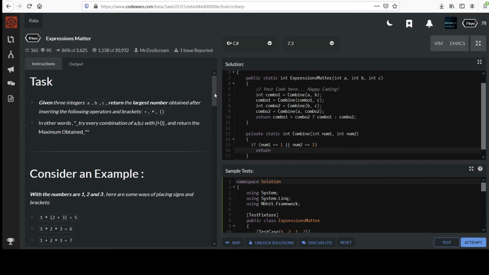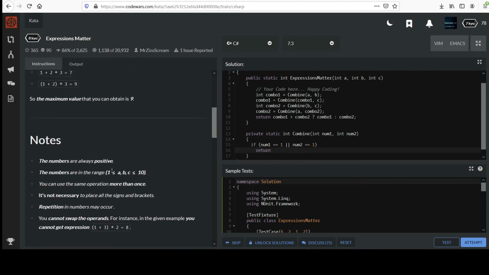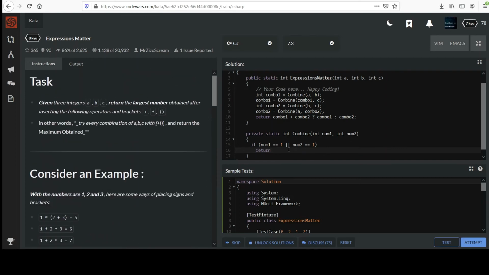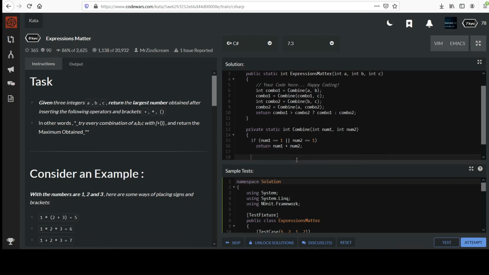Remember they said between 1 and 10. Between 1 and 10. So that's a very important note. Return num1 plus num2. And in any other case where neither one of them is a 1, they're both something else between 2 and 10, you're always going to get the max result by multiplying them.